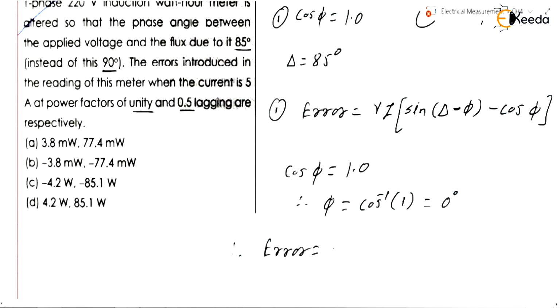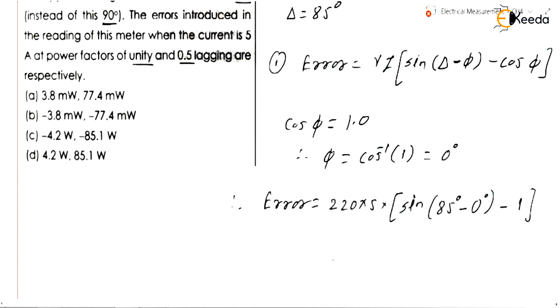What is V? It is 220, into I, which is phi into sine of delta minus phi. Delta is 85 degree, it is given. 85 degree minus phi, which is 0 degree, minus cos phi, where cos phi is 1.